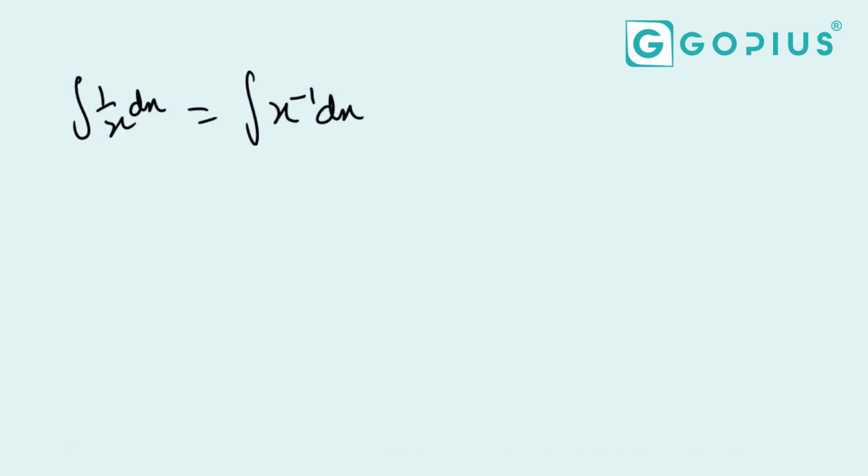So this now equals x raised to the power minus 1 plus 1 divided by minus 1 plus 1. Sorry, let me erase this so I can write it again for you to see. Our n is minus 1 now, so we add 1 to that power and divide by that again. So we have divided by minus 1 plus 1, then plus c.